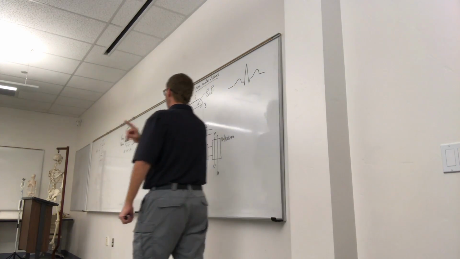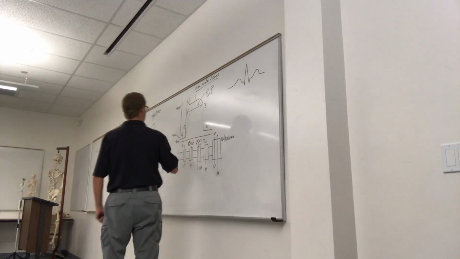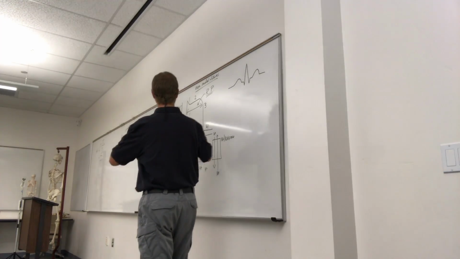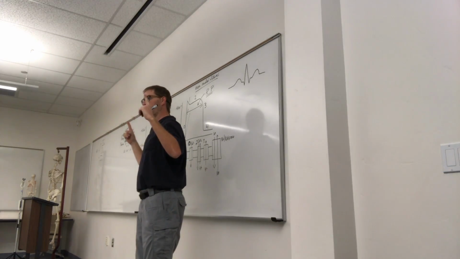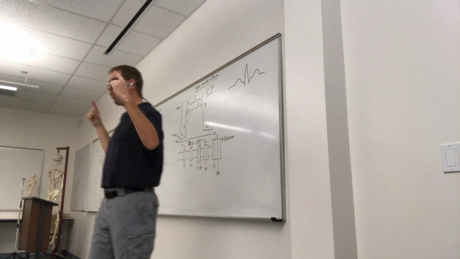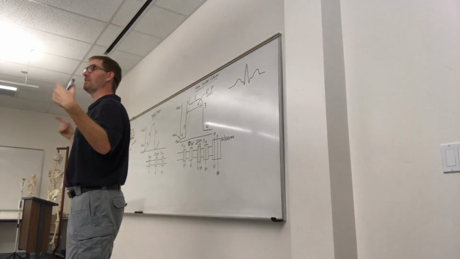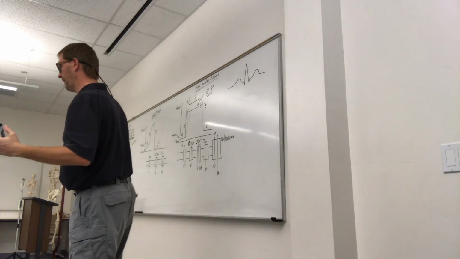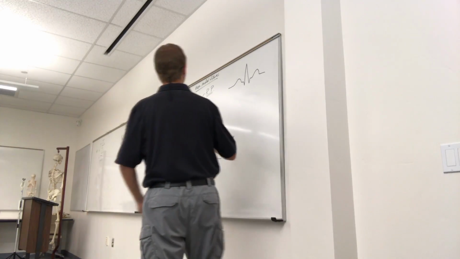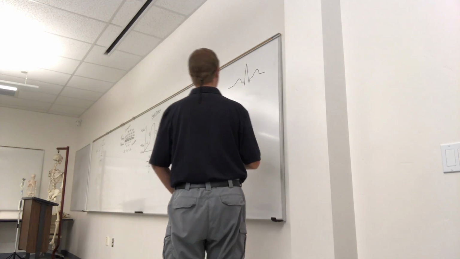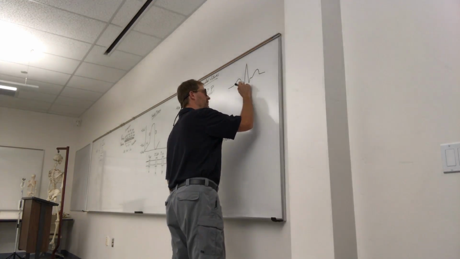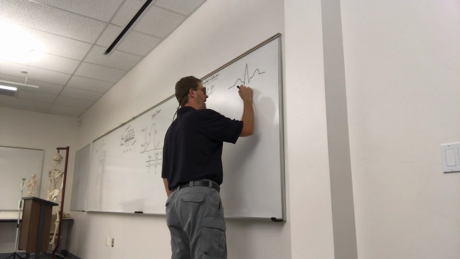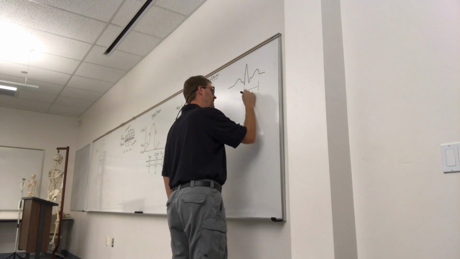That's important to understand because the class 1A drugs prolong the refractory period, so there's more time for something to go wrong. And anytime you prolong the refractory period, that prolongs an interval on the ECG known as the QT interval.